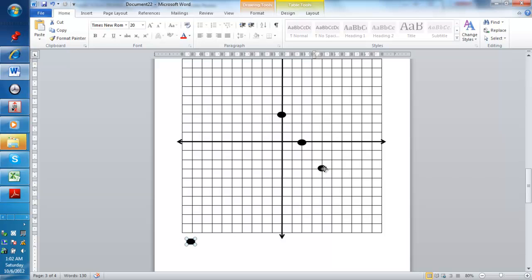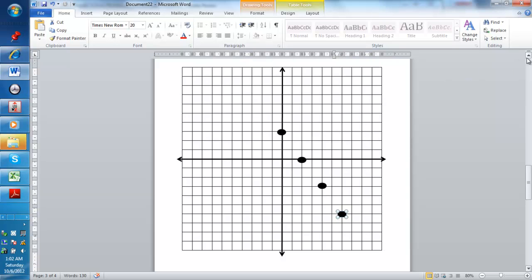Grab another point. And again, the rate is going down 3, over 2. What this is showing you is a line forming using these points.